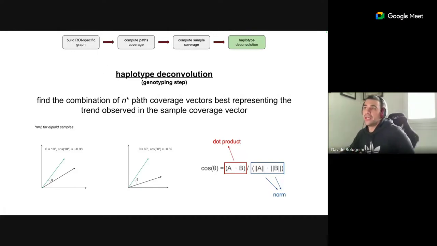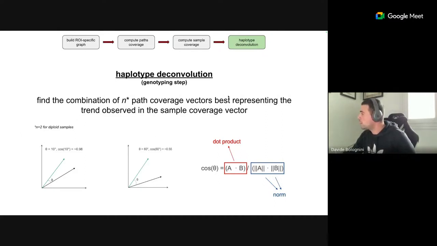And of course, the combination will be of two paths because we are dealing with diploid samples, for human, and each path is haploid because it's a single haplotype, and we have two, so we need to combine two paths in the graph and check which combination best fits the sample coverage vector. And that's why n equals two here for the diploid sample.